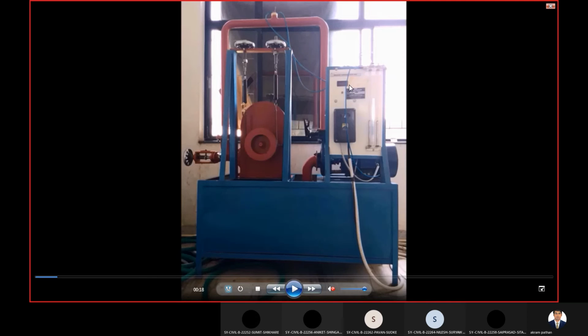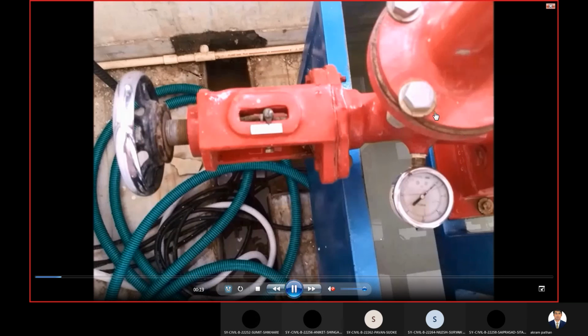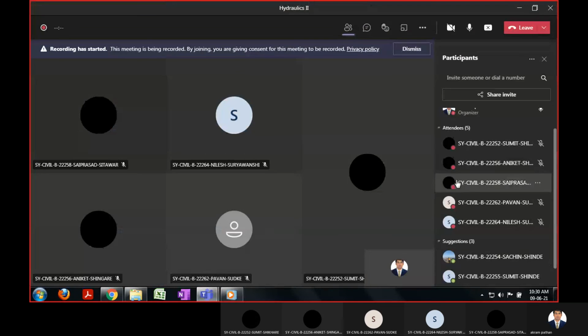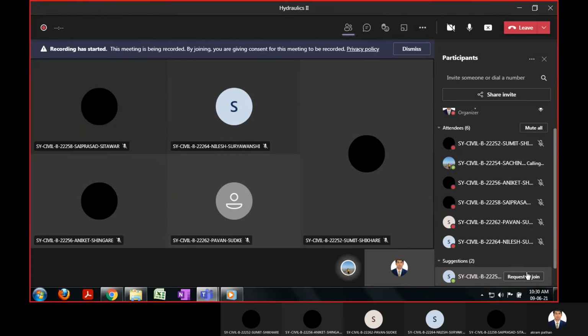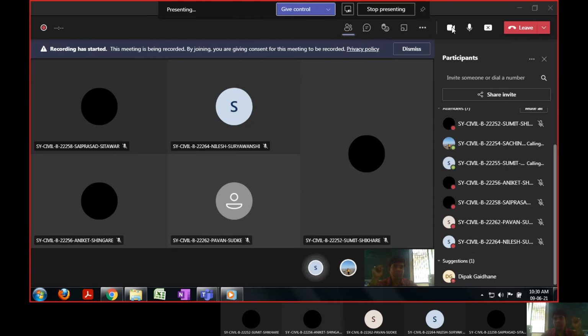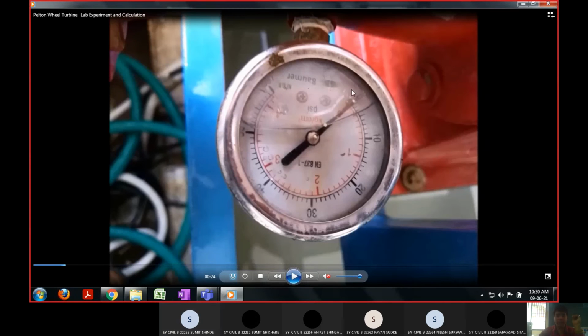This is known as the dial gauge, and the reading is in kg per centimeter square.